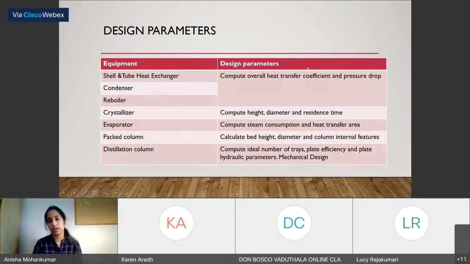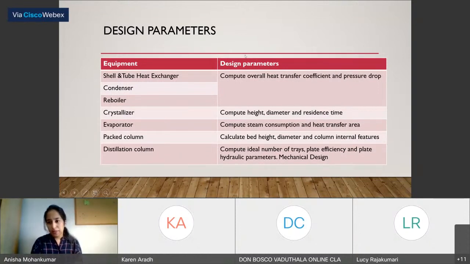All these are just the main parameters. There are several more parameters to be estimated in every calculation, and there are parameters for evaporator, for packed column, and for distillation column.